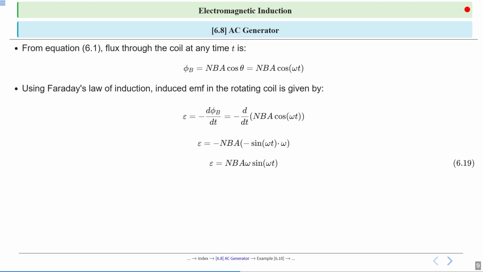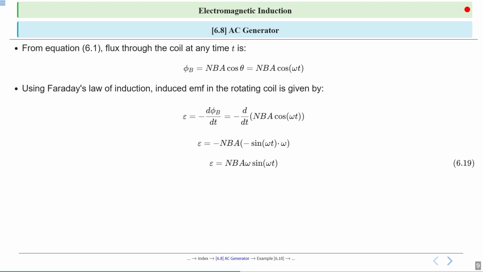But here we have omega t, and we are differentiating with respect to t, not omega t. So according to the chain rule, the differentiation of omega t will be done and multiplied with the standard result. The differentiation of omega t is omega, and it is multiplied with the standard result: cos theta differentiates to minus sin theta.